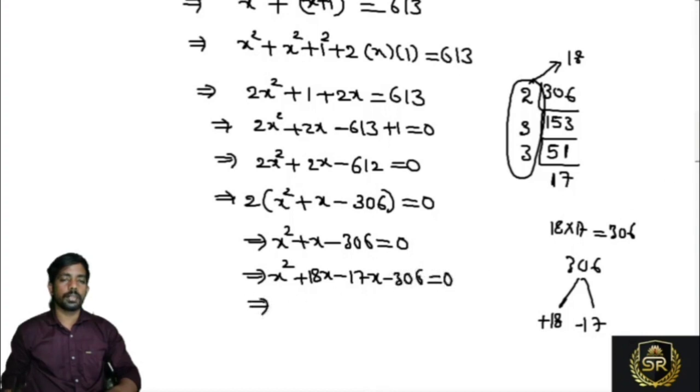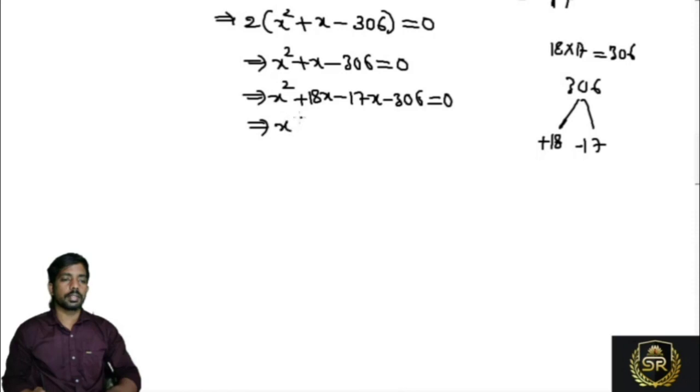And from here what can I write? Take x common: x into (x plus 18), and minus 17 common, because in 306 we have 18 into 17, so 17 common and the remaining 18 is there, so I wrote 18.